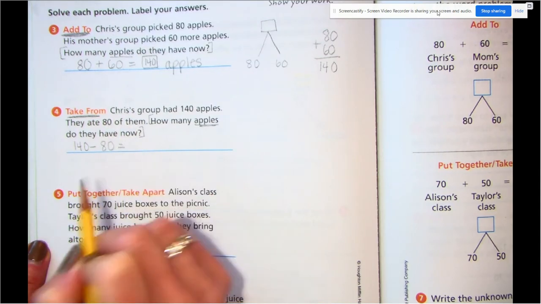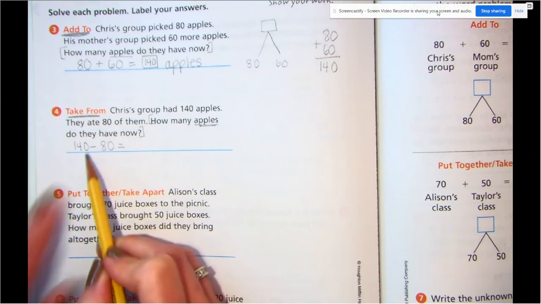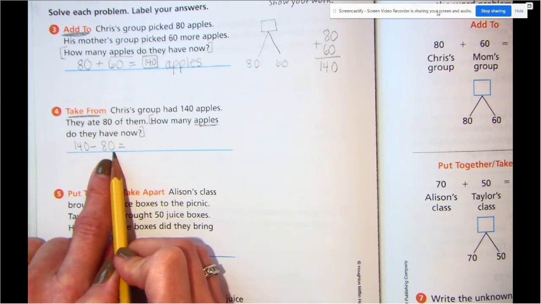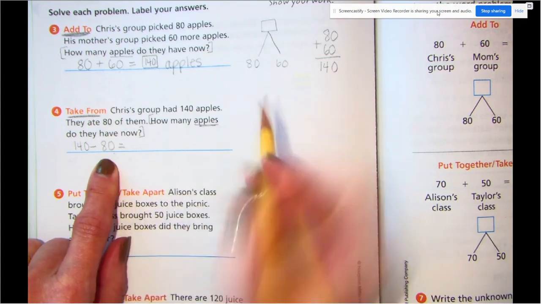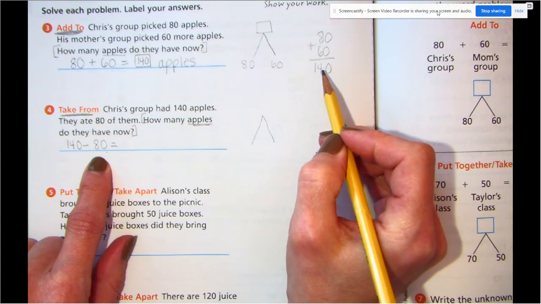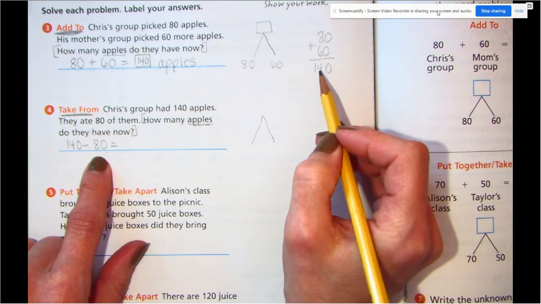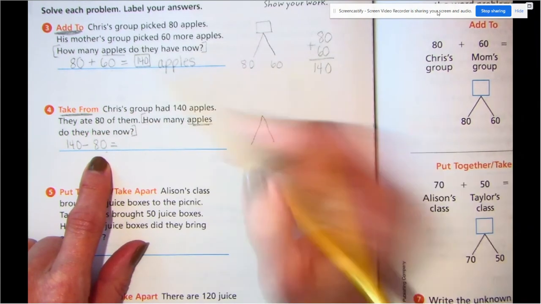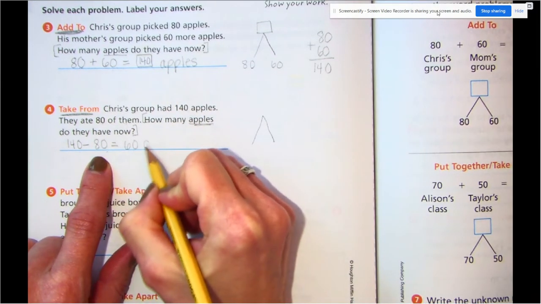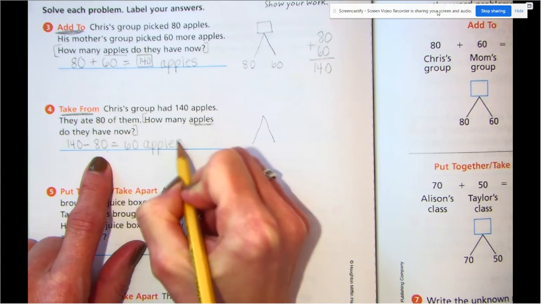I'm sure they were Honeycrisp because those are the best. So if I start with 140 and I take away 80, I don't even think you have to do any math because you already did it above, right? What's the other addend that we're looking for? Well, it's 60, right? We can see it right here. So we know our answer is going to be 60 apples, right?